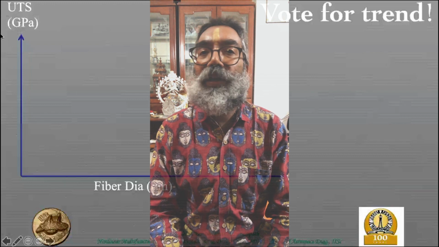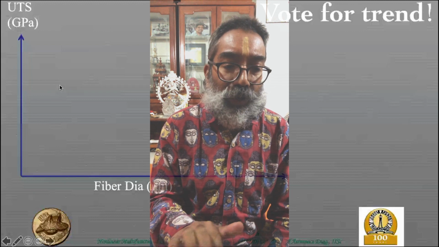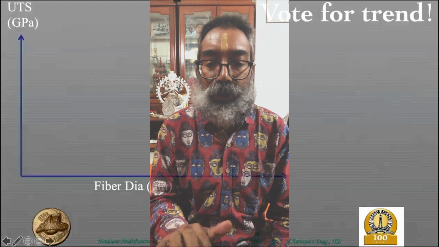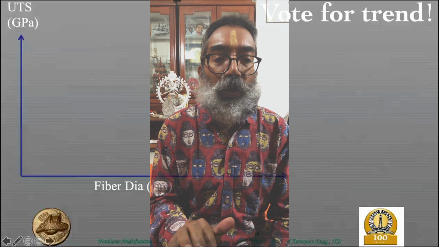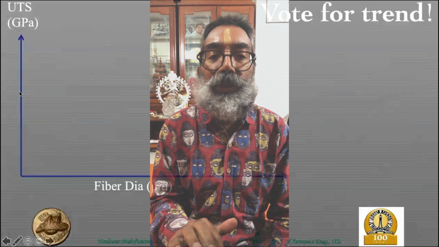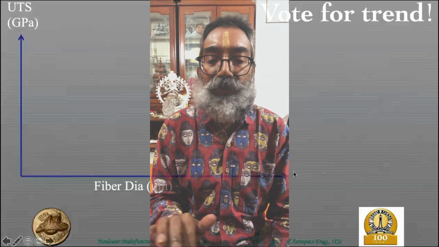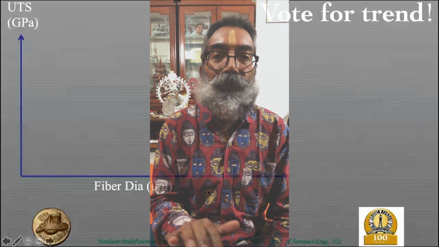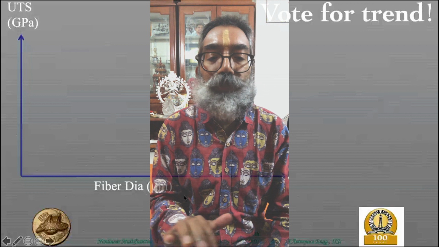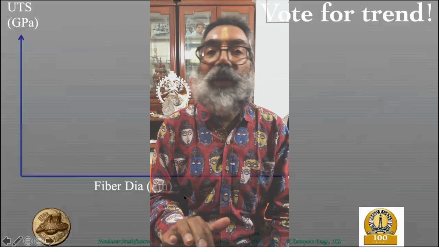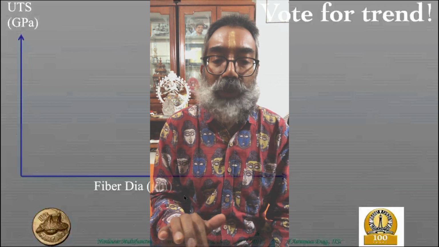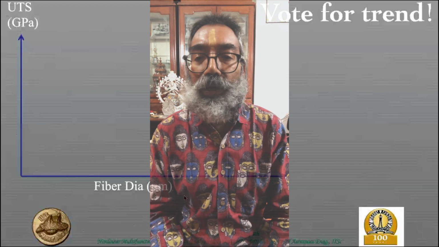That is, two different diameters we chose, let's say one is D1 over here and another is D2 over here, and both will lead to the same ultimate tensile strength. In other words, if I plot for various fiber diameters, I should get a horizontal line, a line which is parallel to the x-axis, the fiber diameter axis. Let's say the fiber diameter is listed in microns over here.